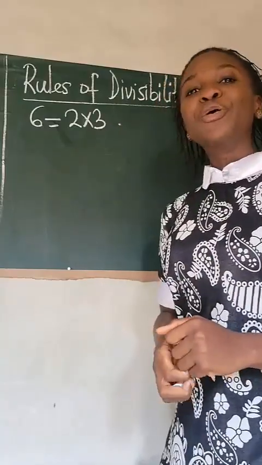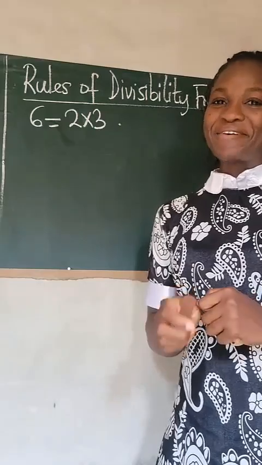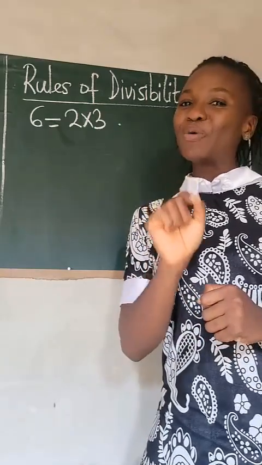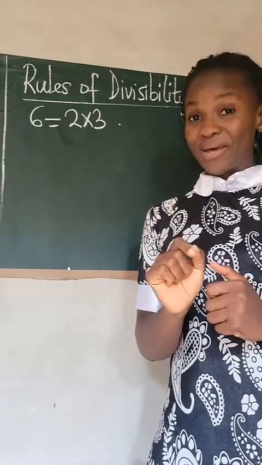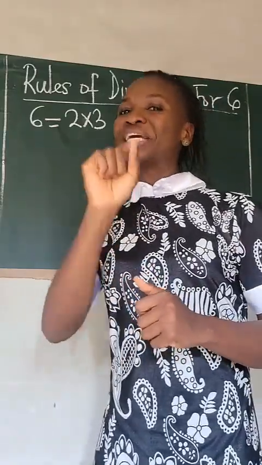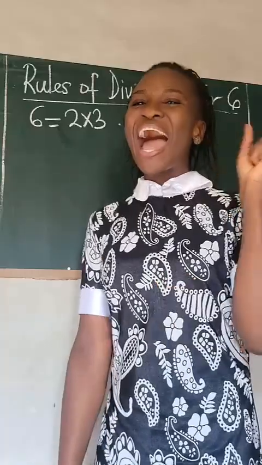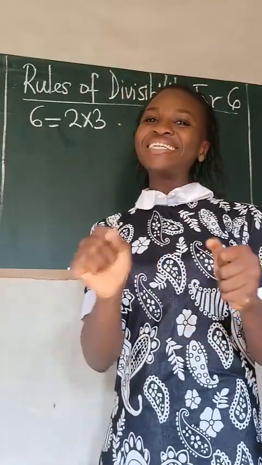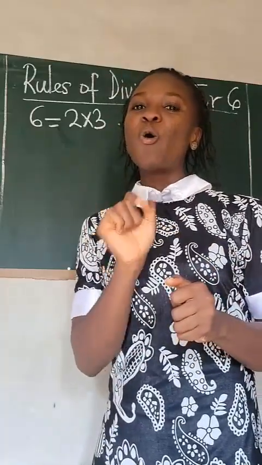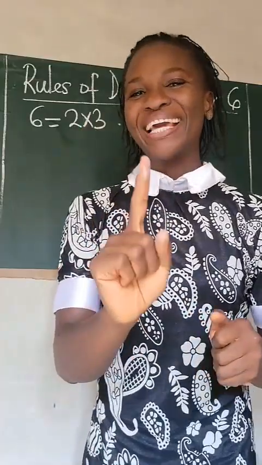Now, the rule of divisibility for 6 states that for a number to be divisible by 6, such a number must end with an even number and the addition of the digits of that number must be divisible by 3.